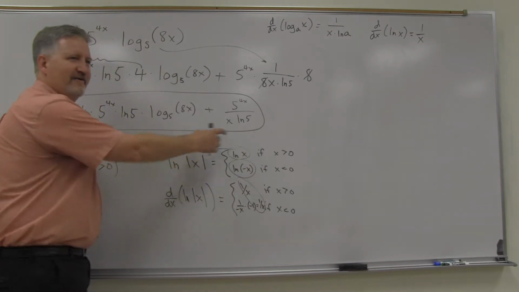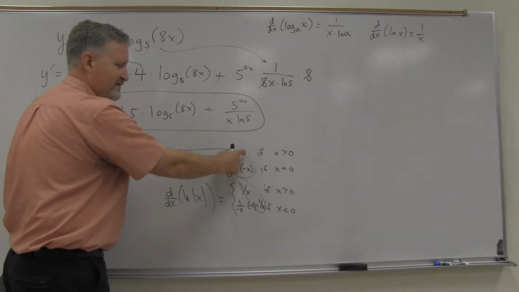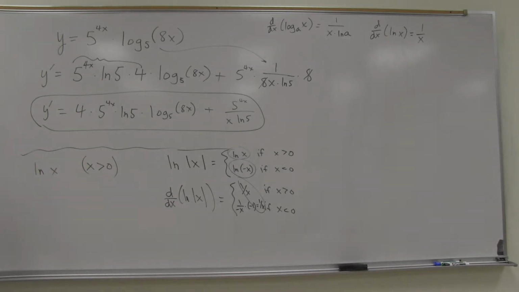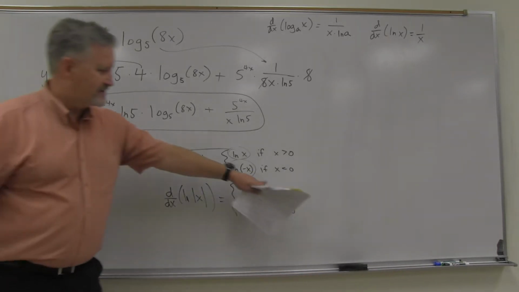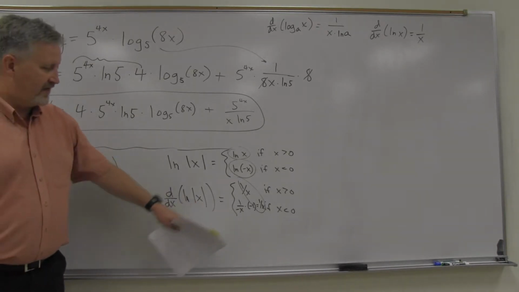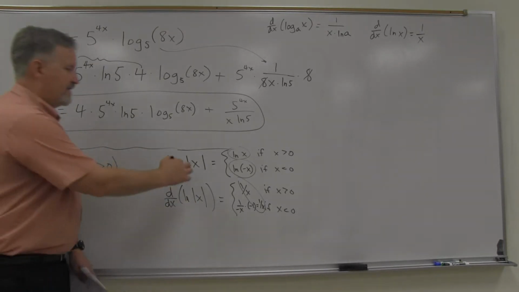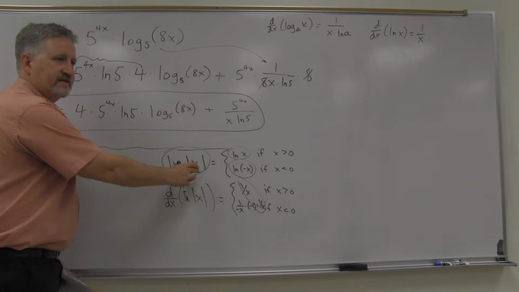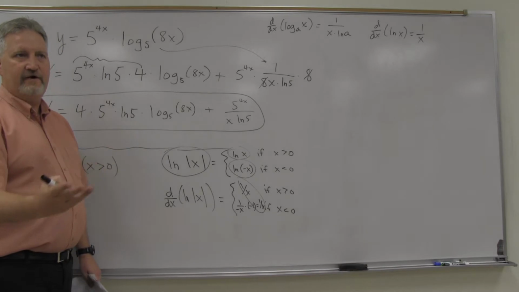Hey, how about that? It doesn't really matter which piece you're on. The derivative is 1 over x, whether it's x greater than 0 or x less than 0. So this kind of opened up, because now what x's can this be? It can be anything except 0.